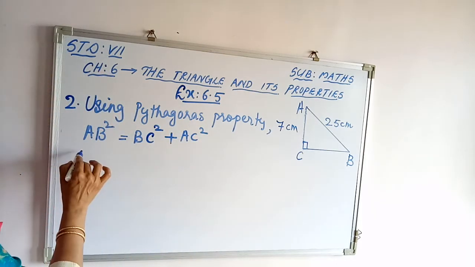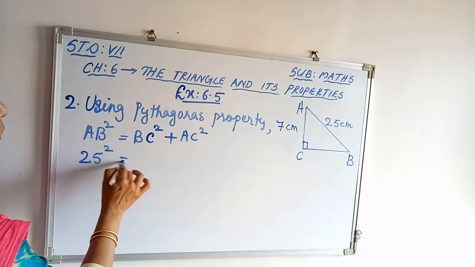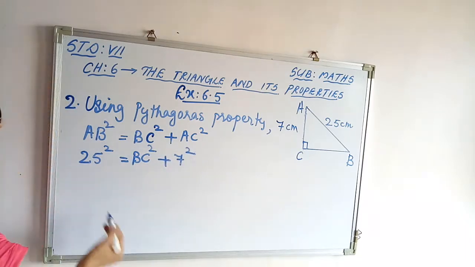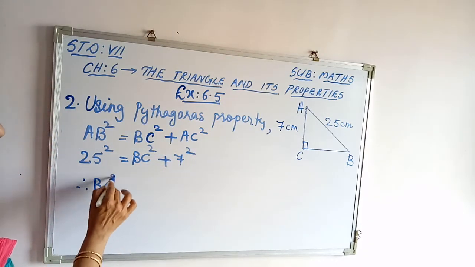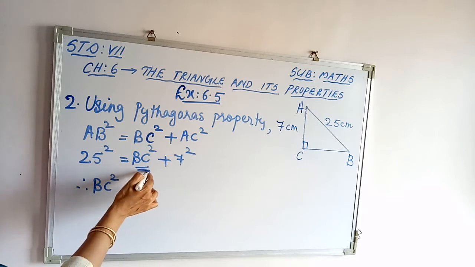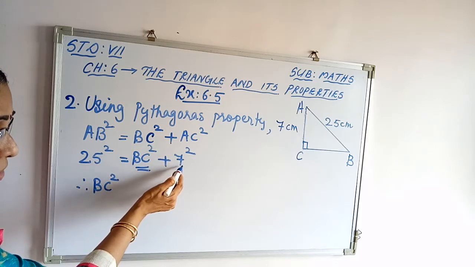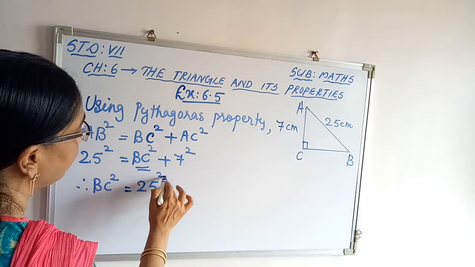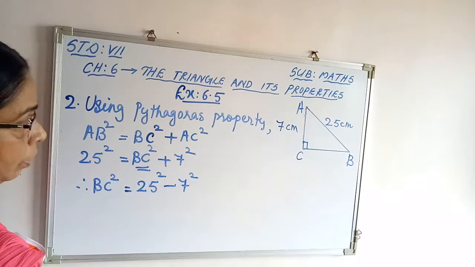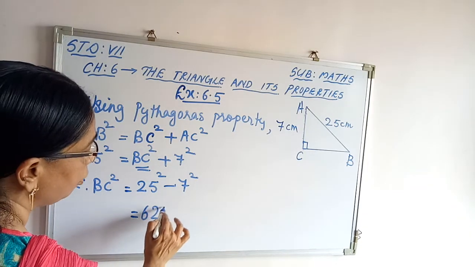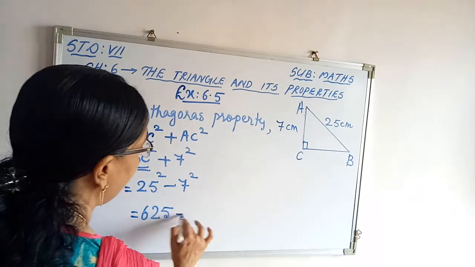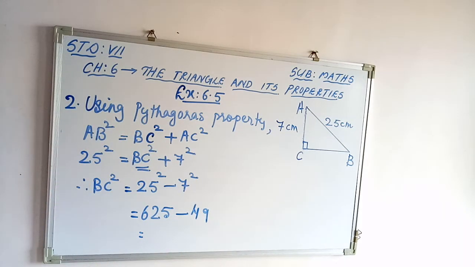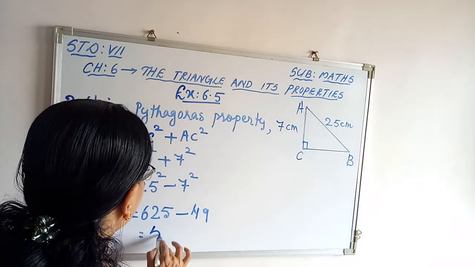Substitute the values: 25 square is equal to BC square plus 7 square. Therefore, we can find BC square by shifting the 7 square to the left. That means 25 square minus 7 square. 25 square we know is 625, 25 into 25, minus 7 square, 49. So you will get the answer as 576.